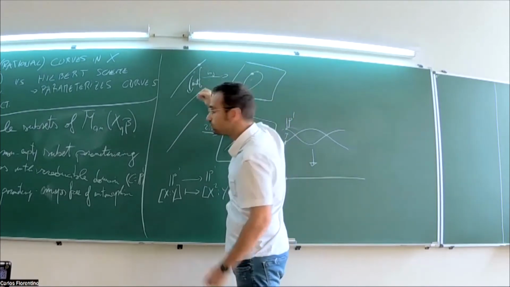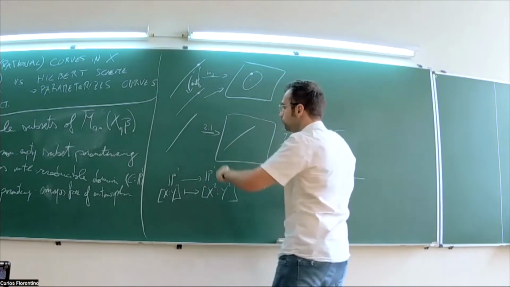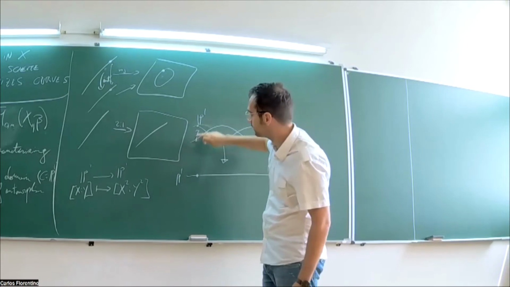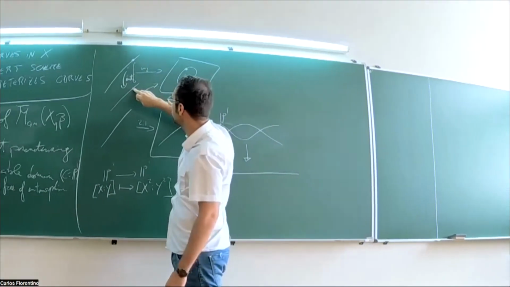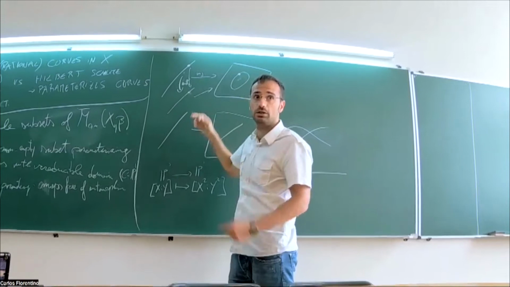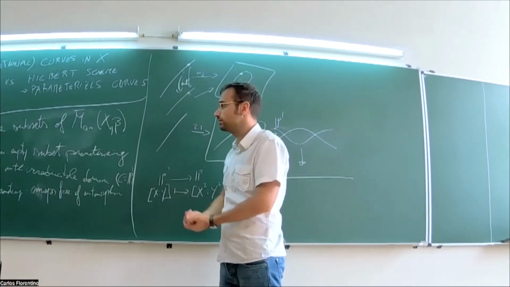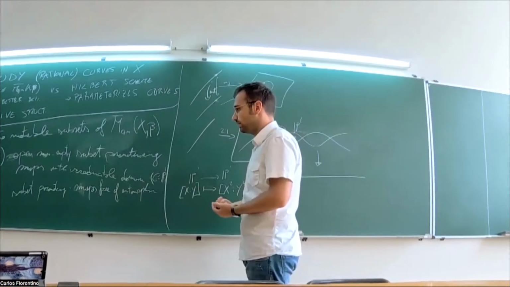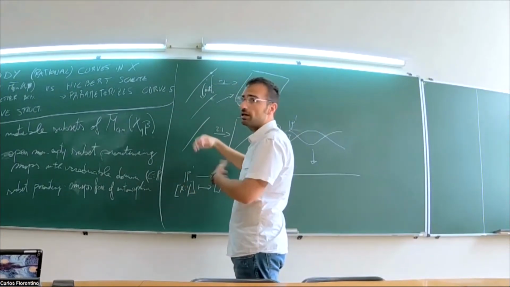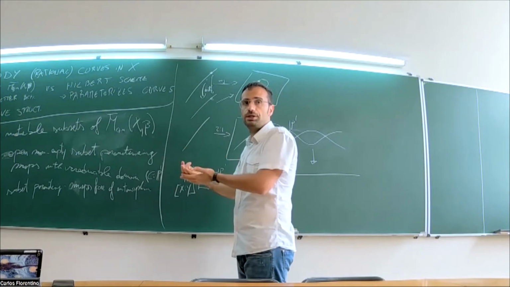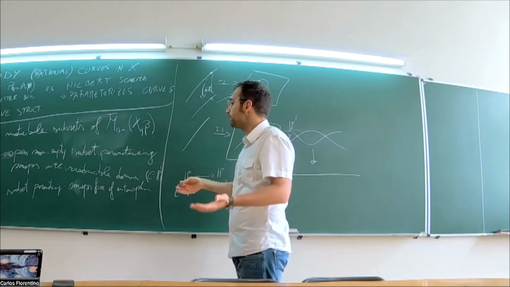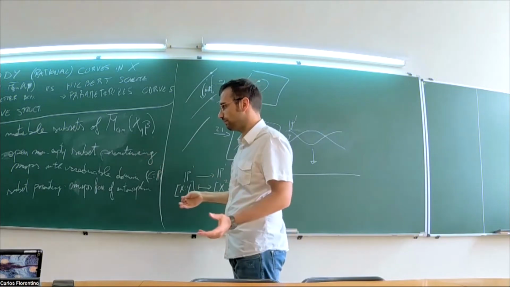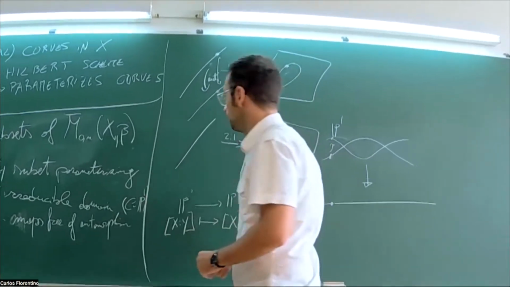So I have just one choice. In the 2 to 1 case I have two choices: I can leave the point where it is, or I can send it to the other point. Here I have just one because the image must be the same. So if it's injective, I don't have an automorphism. And this is the subset parameterizing maps free of automorphisms, and in general the domain needs to be reducible. This is the subset parameterizing maps with irreducible domain. They are very important.